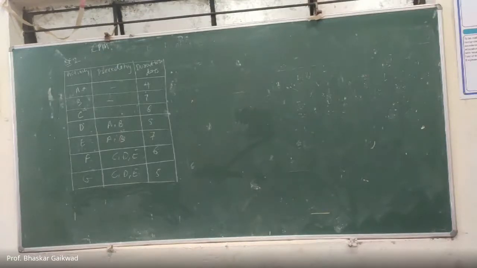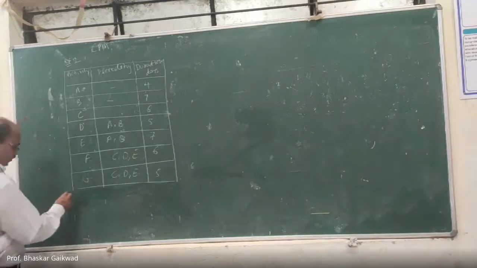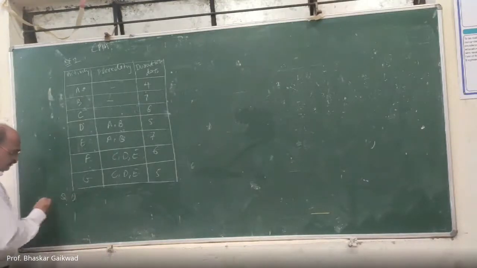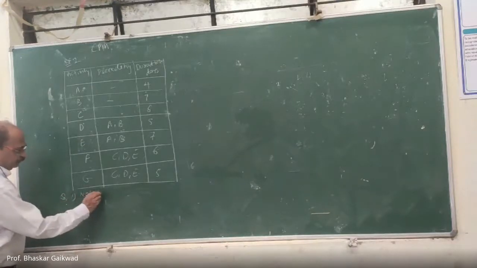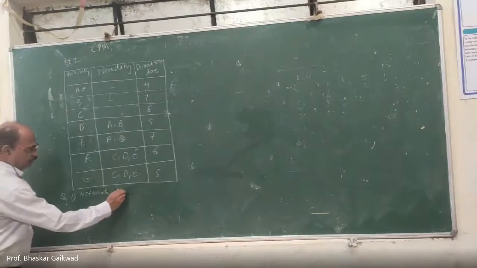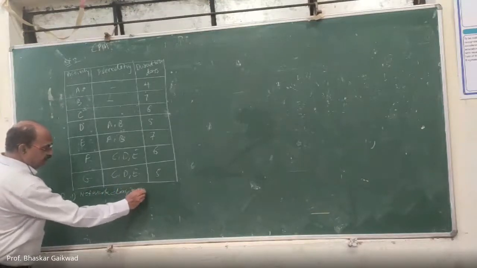So these are small problems as usual. What is asked? Draw the network diagram, critical path, project completion time, total float and free float. Correct? These things we actually require here. So question number 1, network diagram.